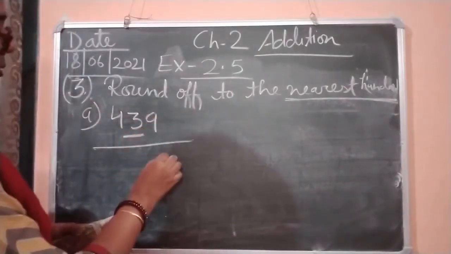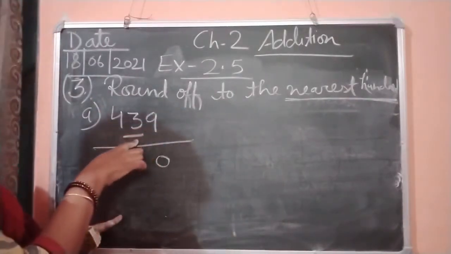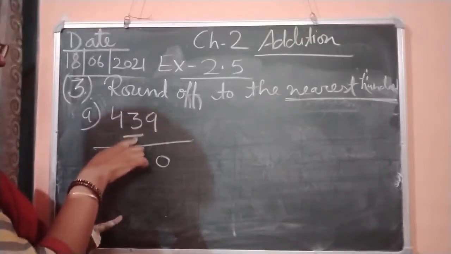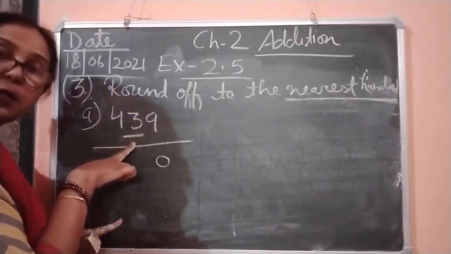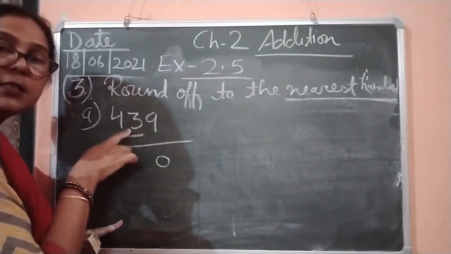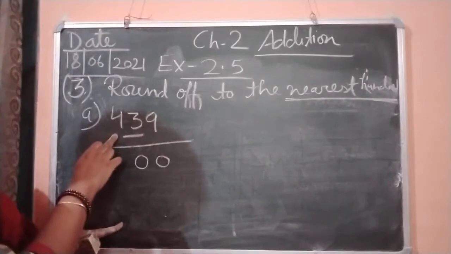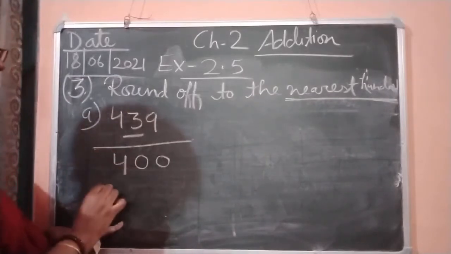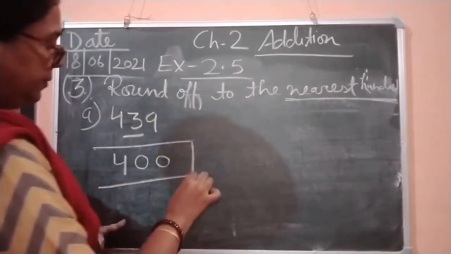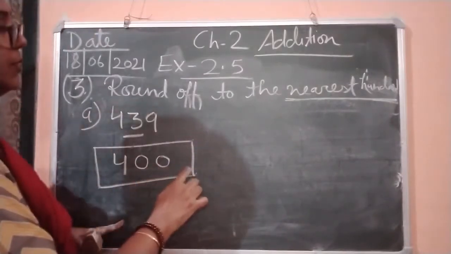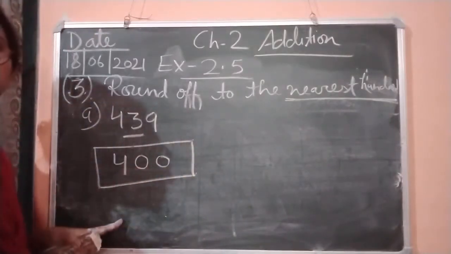This is 9, so 0. Because we have to see this tens place, it is a lowest number, or you can say a weak number. So we will write 0 again, and this is 4. So it is considered as 400. So this number rounds off to 400.